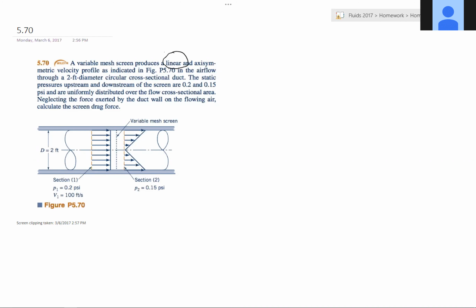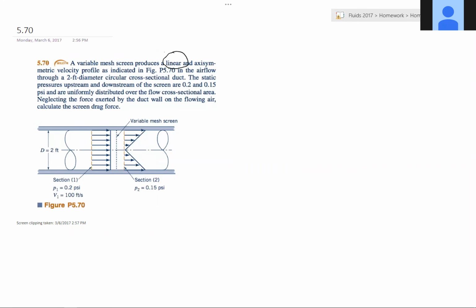And all that means is that the pressure stays the same. Neglecting the force exerted by the duct wall, calculate the screen drag force. And that basically is like an anchoring force, the force that keeps it from moving.